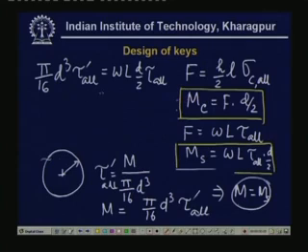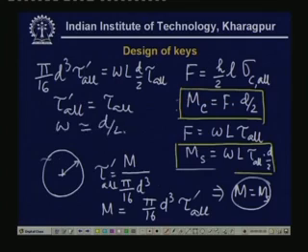Now we assume that tau allowable prime is tau allowable because they are made of roughly the same material, and we consider W is roughly equal to d by 4. This is the usual way of designing.